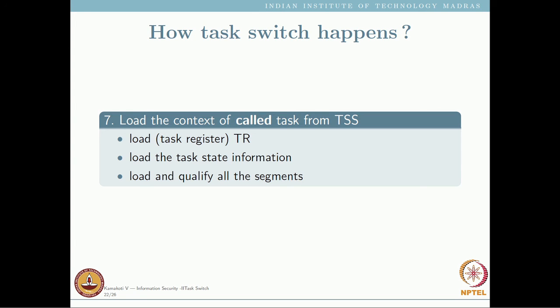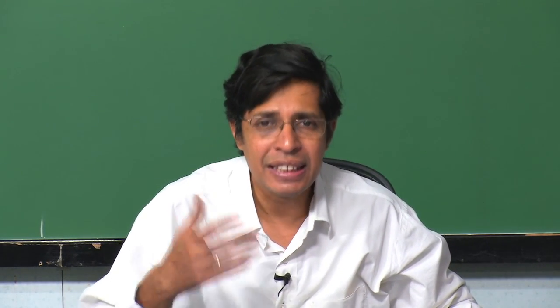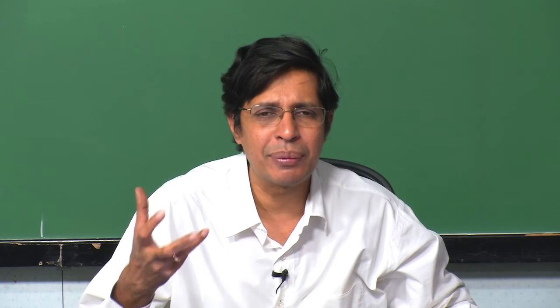Importantly, I qualify all the segments, because if I am a privilege level 3 code, current privilege, and my code segment is privilege 2 and my data segment is privilege 0, then I do not allow loading it, because if I am privilege level 3, I can only access privilege 3. If I am PL2, I can only access PL2 and 3. So, if my code segment has privilege 1, it will not allow me to load a PL0 as a data segment.